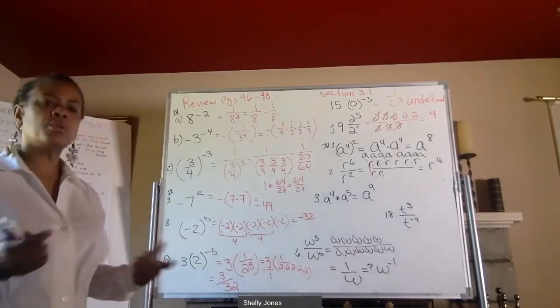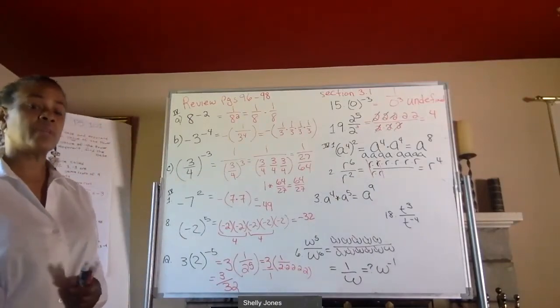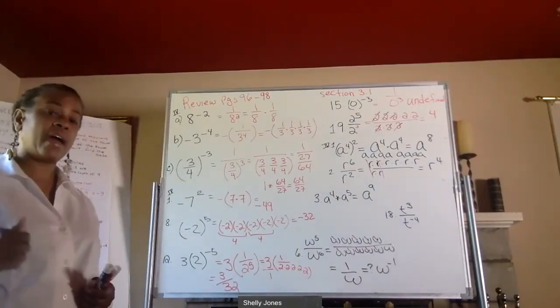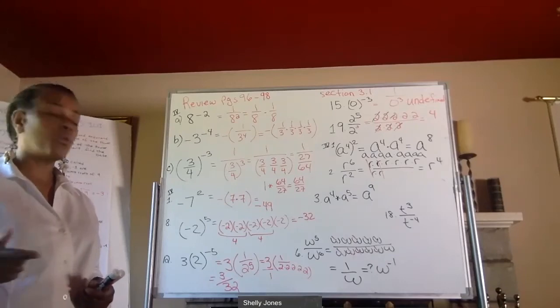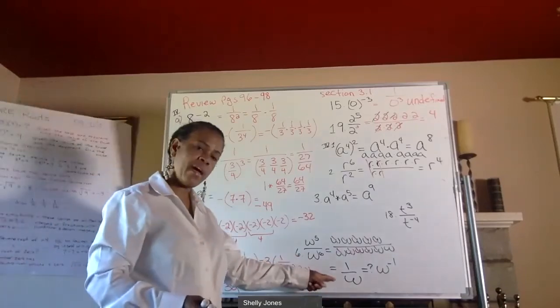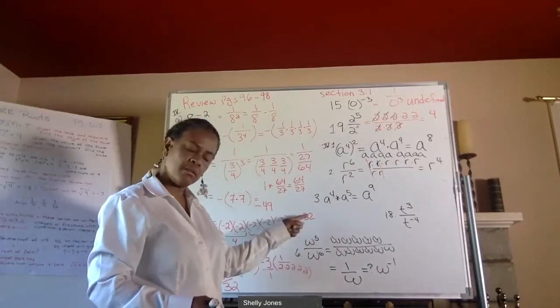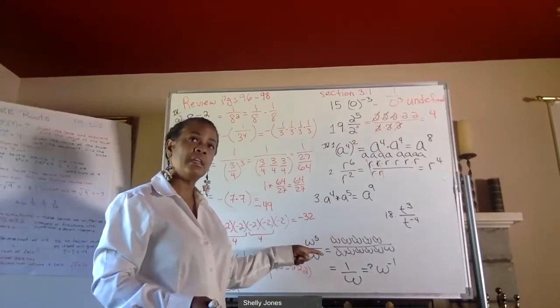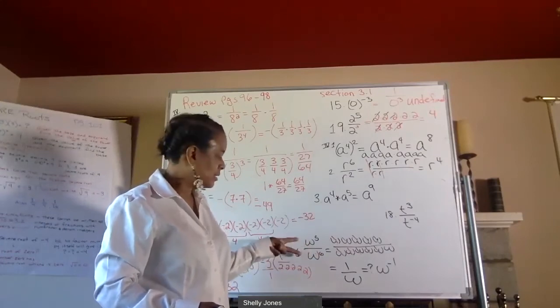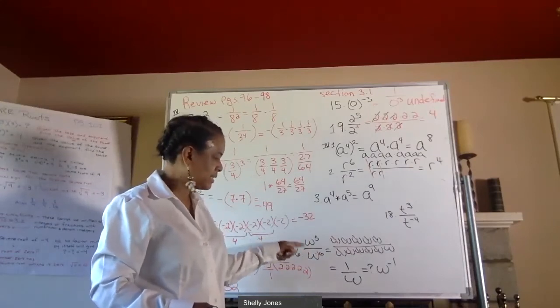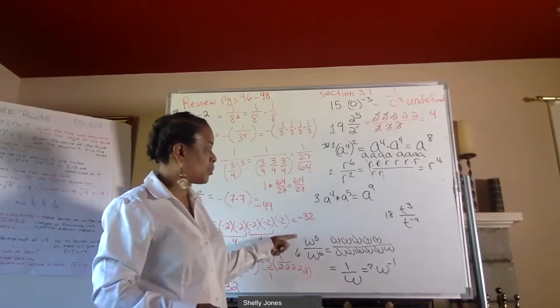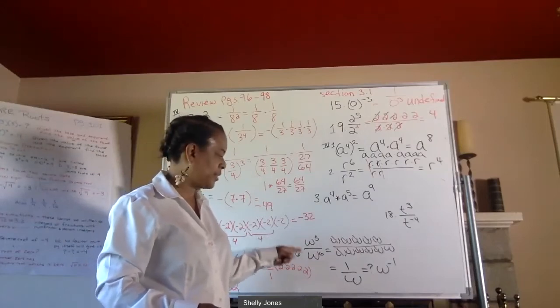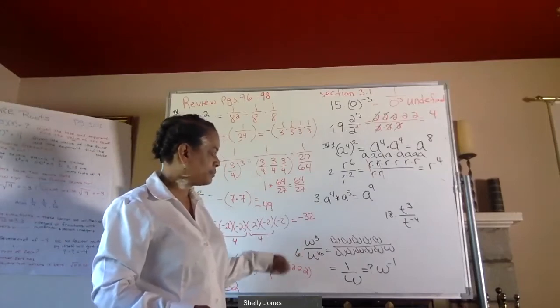Let's see, W to the -1, a negative exponent means 1 over that. 1 over W to the 1, which is actually what we have. So far that idea of subtracting the exponents when I have the same base, that seems to work. Okay, so we want to keep thinking about that as well.